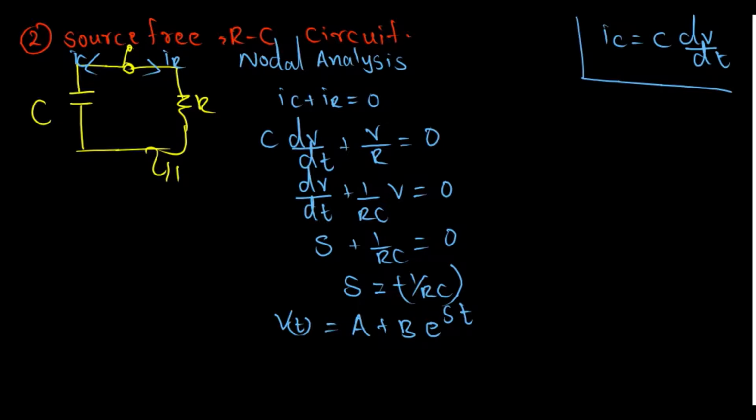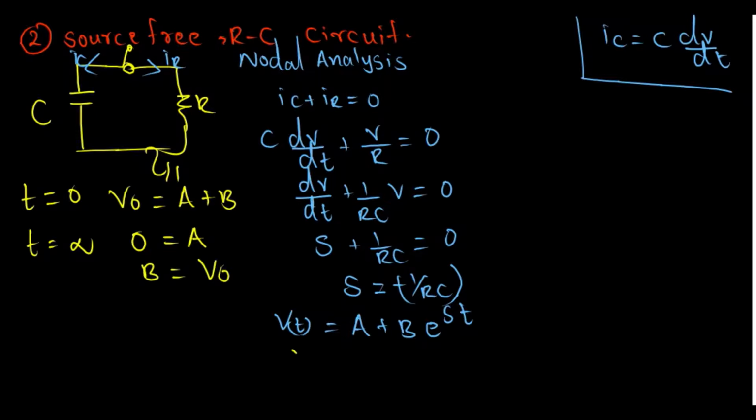When t is equal to 0, V(t) is equal to V naught. When we put t is equal to 0 in here, we get A plus B. When t is equal to infinity, V is equal to 0, which is equal to A. So A is equal to 0, so V is equal to V naught.